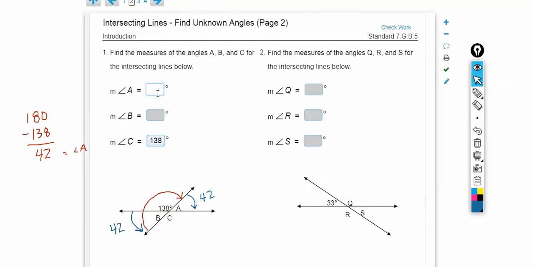So A and B are both going to be 42 degrees.